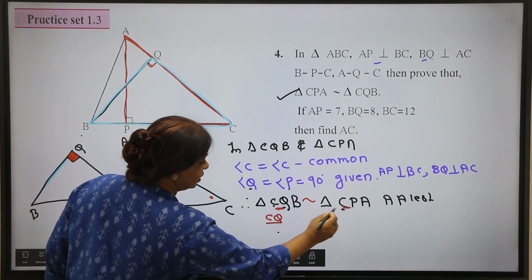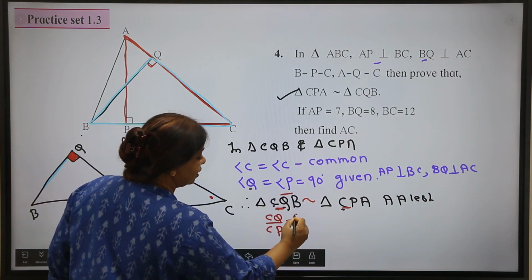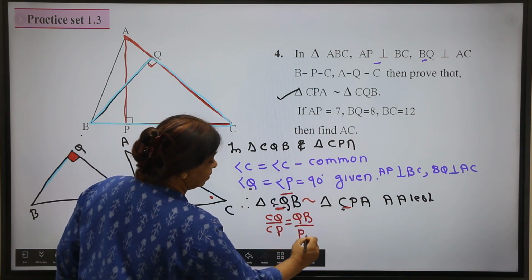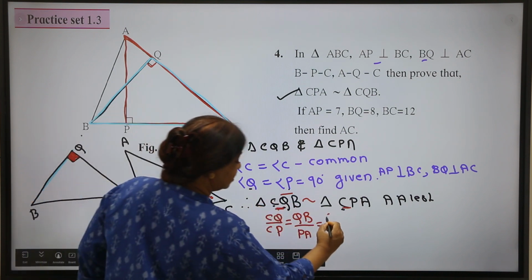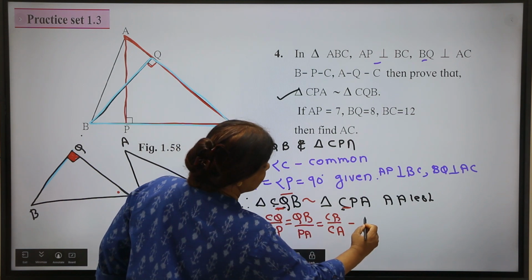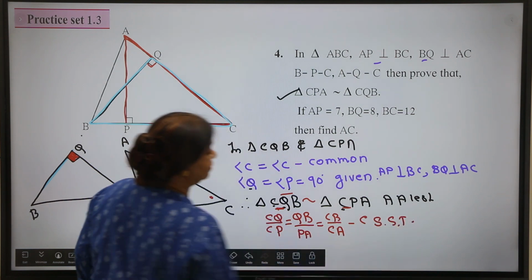CQ upon CP is equal to QB upon PA, which is equal to CB upon CA, and the reason is corresponding sides of similar triangles.